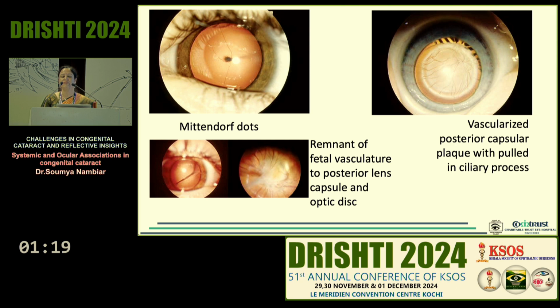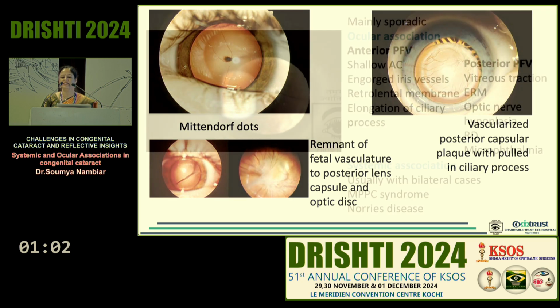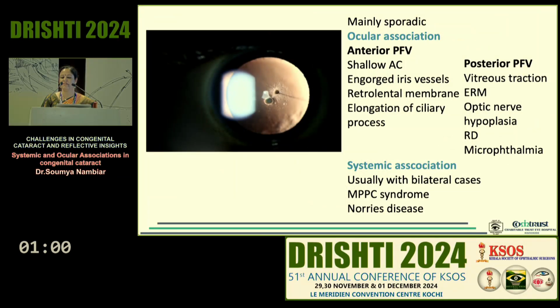And this PFV can have varied kinds of presentation. So you can see how it can be from a small Mittendorf's dot to a vascularized posterior capsular plaque or remnant of fetal vasculature in the posterior lens capsule and the optic disc. So it depends upon what type of PFV we are dealing with, whether it is an anterior PFV, a posterior PFV, or a mixed one.